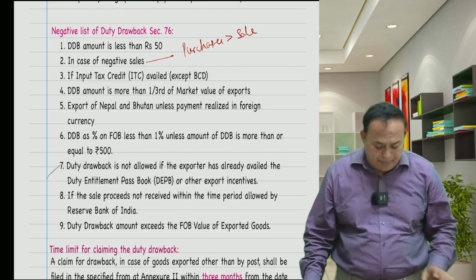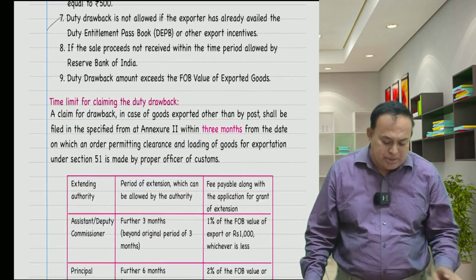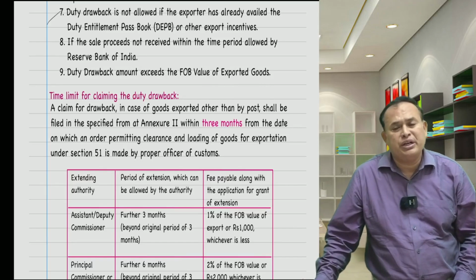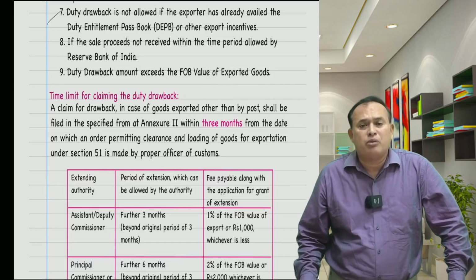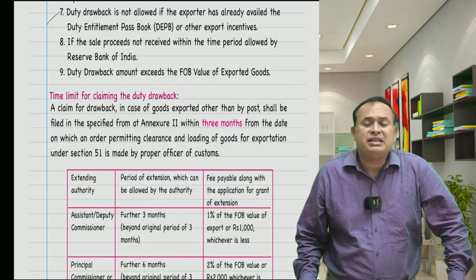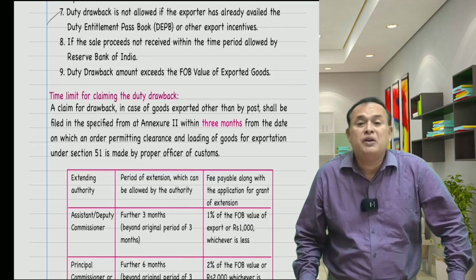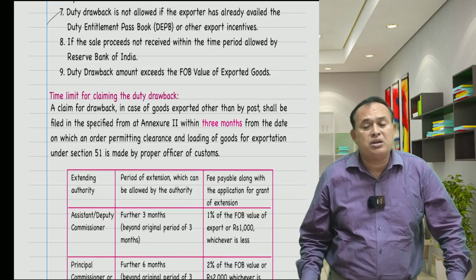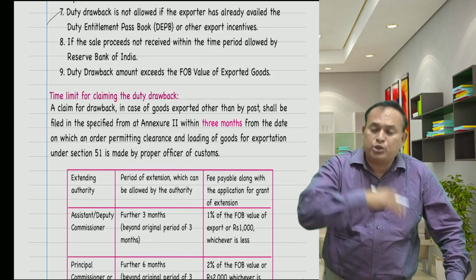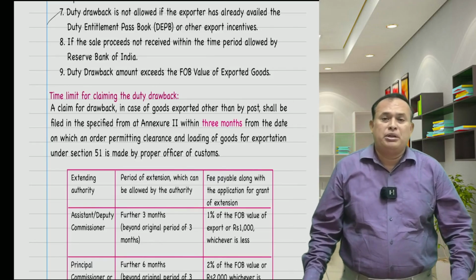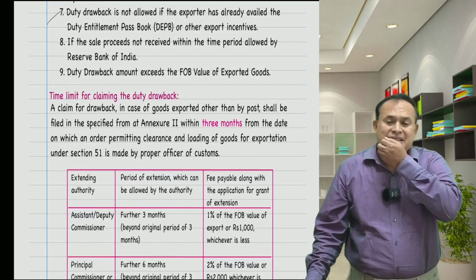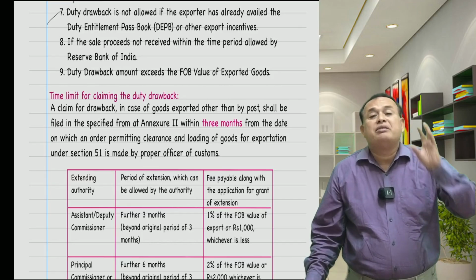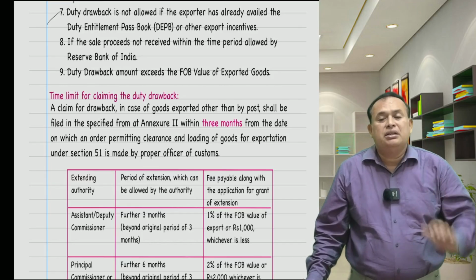Further, if the sale proceeds are not received within the period allowed by the Reserve Bank of India, then the duty drawback you claimed must be returned along with interest at the rate of 50% per annum from day one of the credit to your bank account as duty drawback. You return it with the interest from the day of receipt.